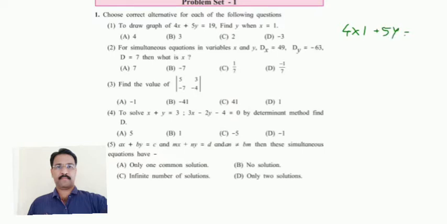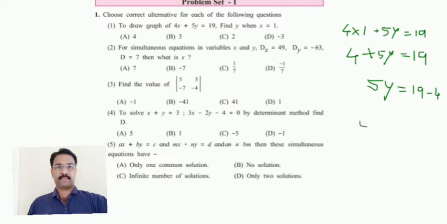Now what is 4 times 1? It is 4. In the next step, that 4 goes to the 19 side. So 5y is equal to 19 minus 4. What will come here?